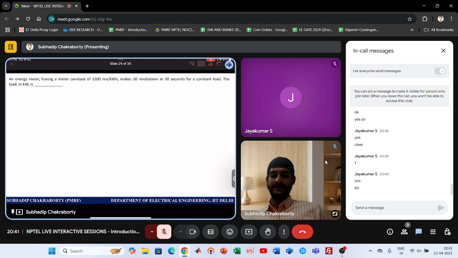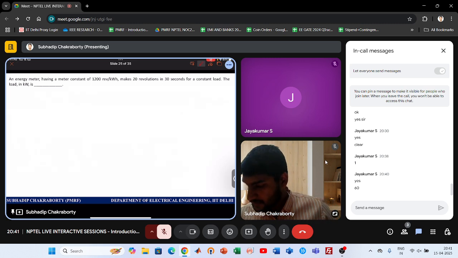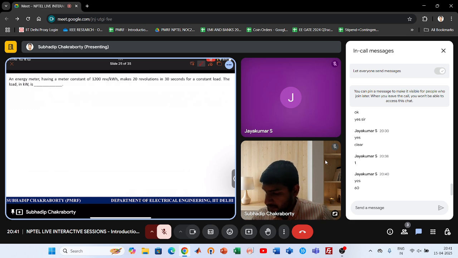Okay, so now come to the energy meter problem. So they are asking the load, right? And you know that meter constant K is defined as the number of revolutions per unit energy, right?